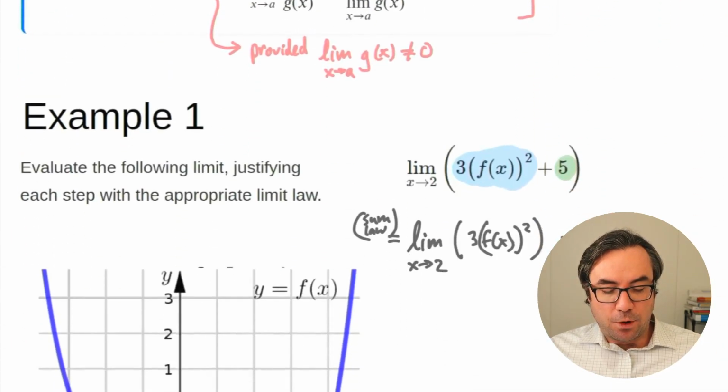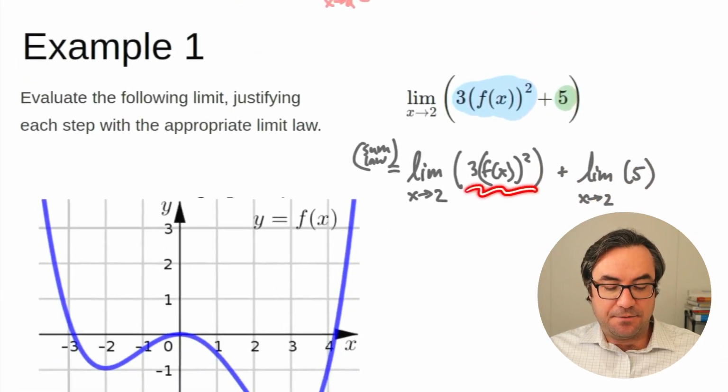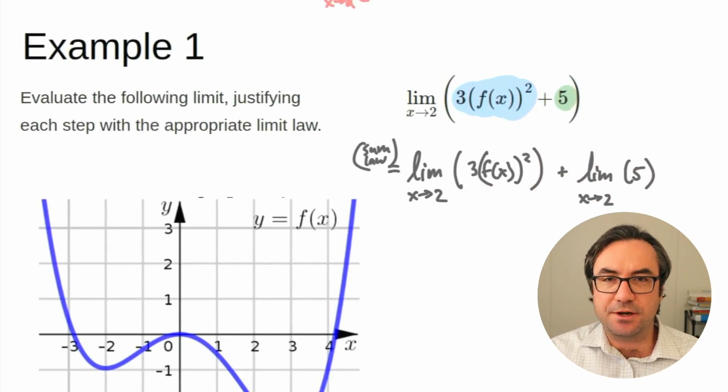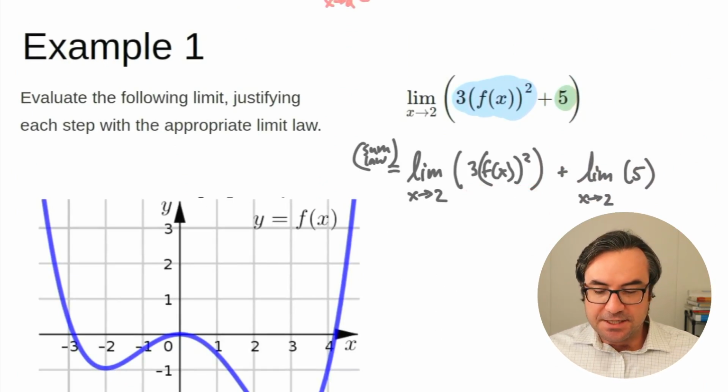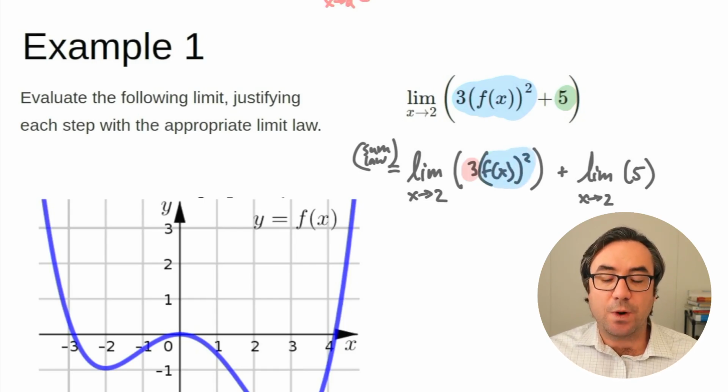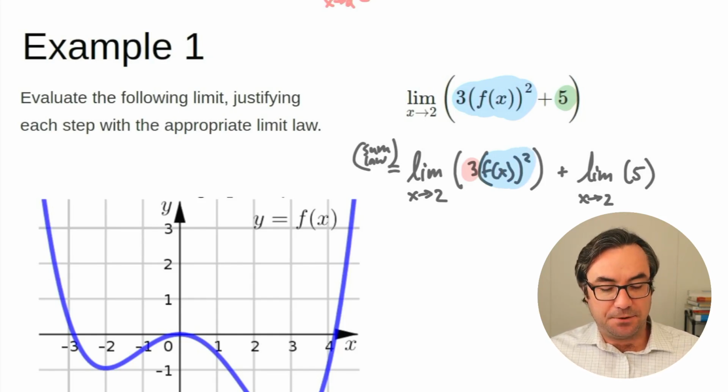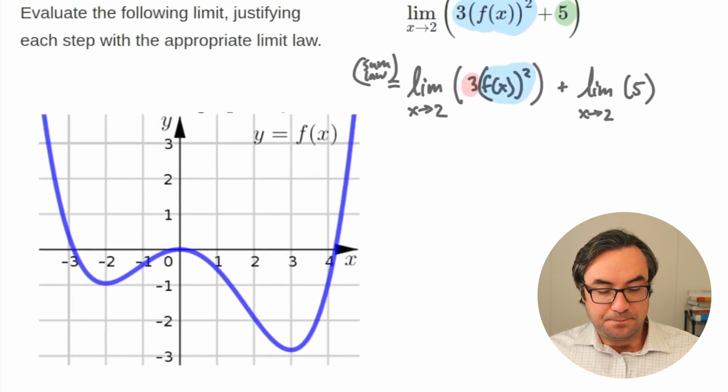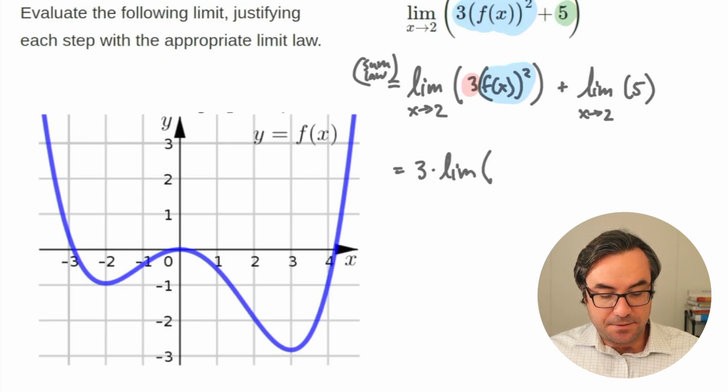So we got to keep working on this other piece. There's more algebra there to unwind. So the next thing we see is we have this constant multiple 3, and it's multiplying this f of x squared. So we got to use our limit law for that constant multiple. So we're going to bring that 3 right out in front.